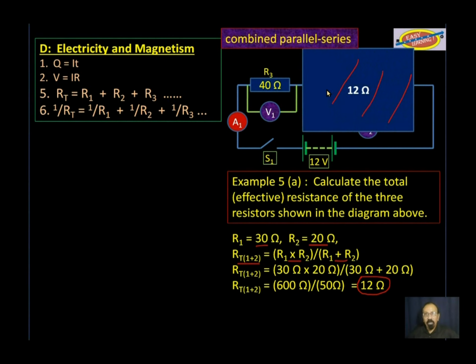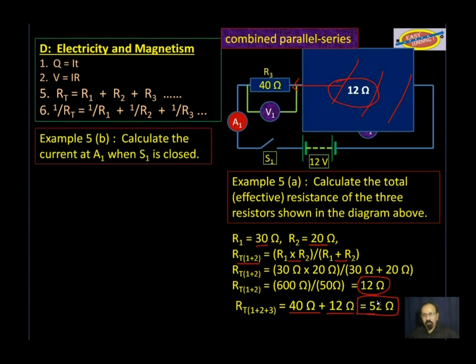So we could replace them and say 12 ohms. You have 12 ohms in series with 40 ohms. And that would mean we add the 40 to the 12, and we get 52 ohms total resistance. That's the first part of the question.